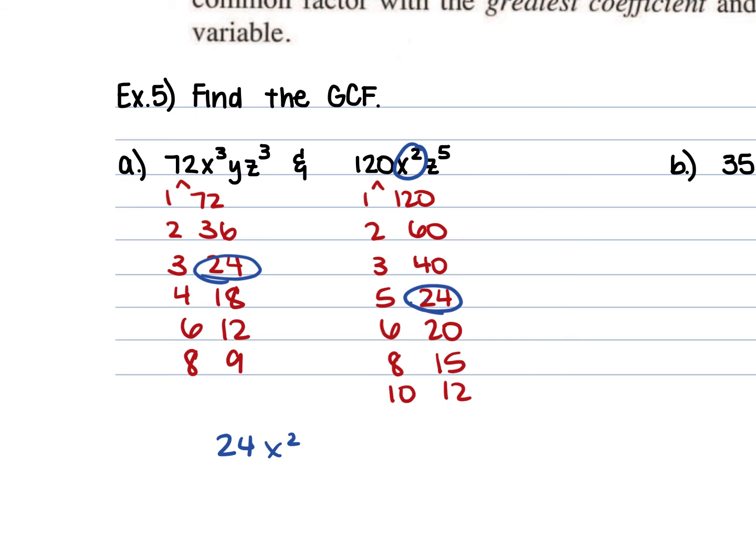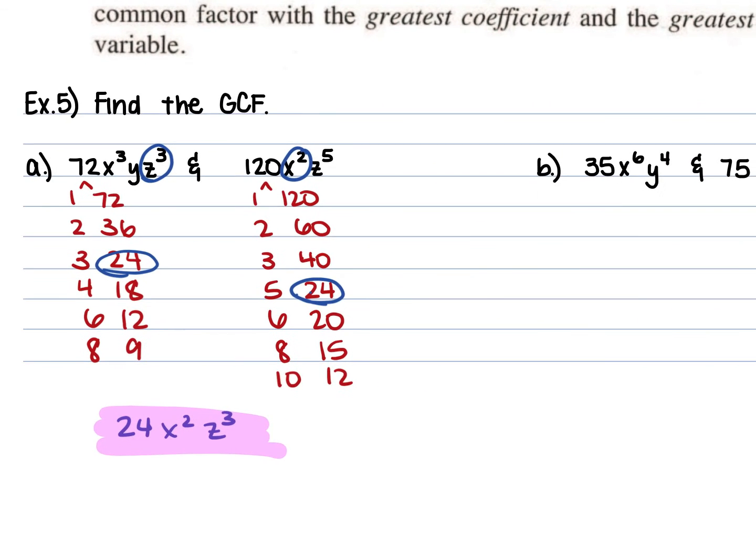You do not have a y for both of these numbers, so do not include the y in your answer. However, you do have a z in both of these numbers, so keep the z with the smaller power, which is z cubed. So 24 x to the second power, z to the third power is our greatest common factor between these two numbers.